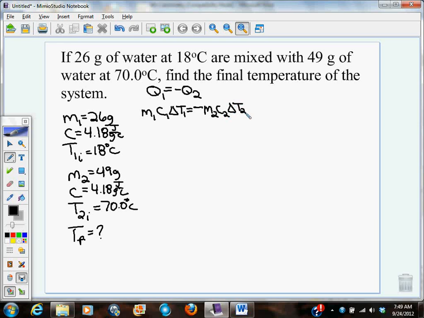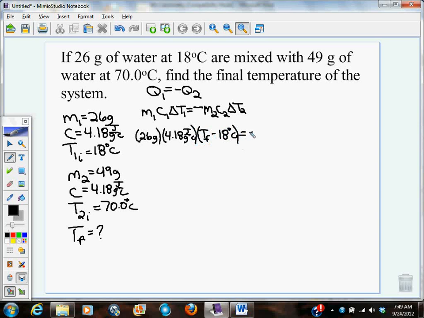When I write this out, M1 is 26 grams. C1, same as C2 in this case, is 4.18 joules per gram degree C. Multiply that by delta T1, which is going to be T final minus T1 initial, which is 18 degrees Celsius.